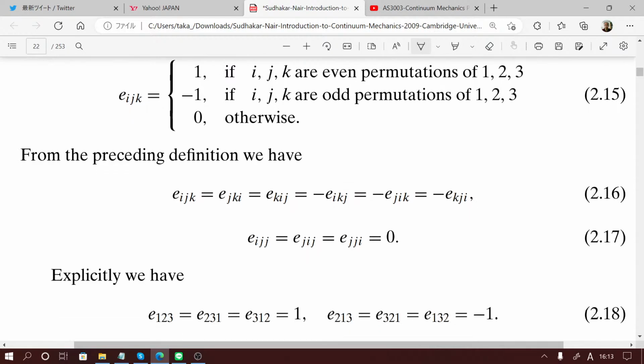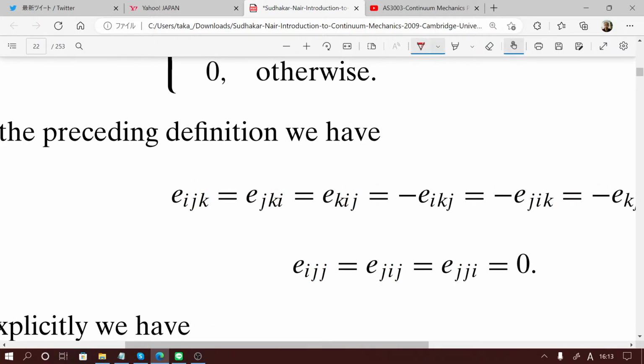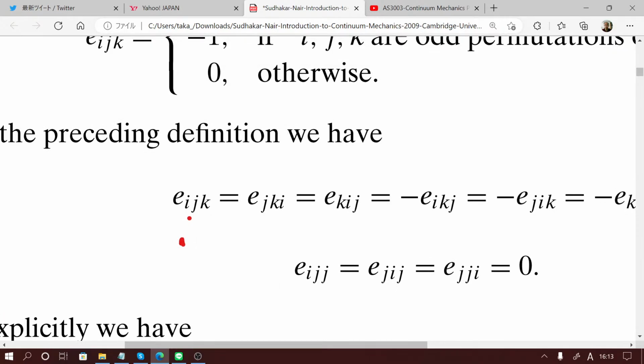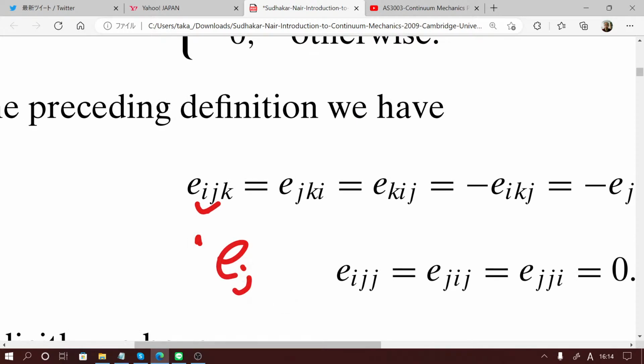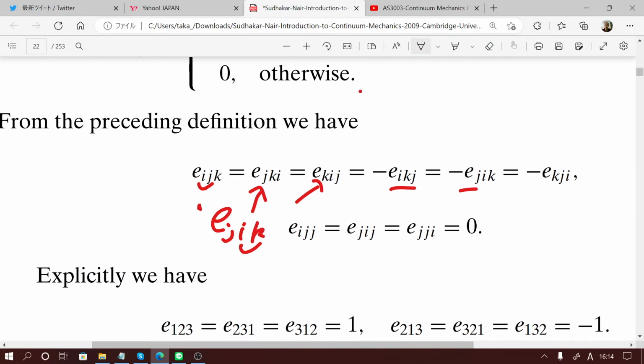From the preceding definition, if you permute ij, you have epsilon jik. Then permuting further, you will have epsilon jki, an even permutation. Permuting kj and ij is also an even permutation, and these are odd permutations.